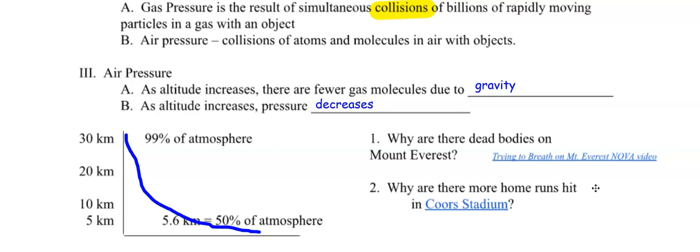Another one is, why are there more home runs hit in Coors Stadium? Well, where is Coors Stadium? That's in Denver. When I wrote up these notes, there was an article in the Cincinnati Enquirer saying that Coors Stadium at this time had more home runs than any other stadium per time period. Why is that? Well, where is Denver? It's in Colorado.